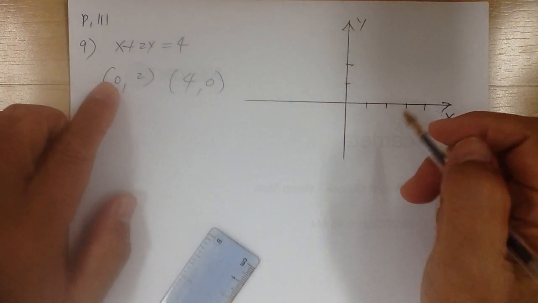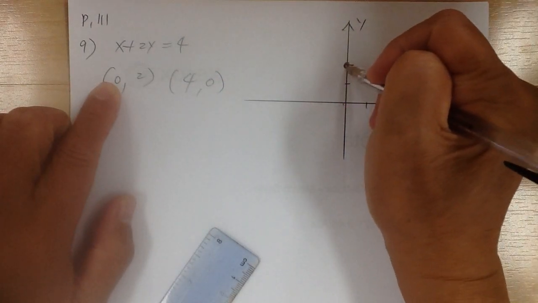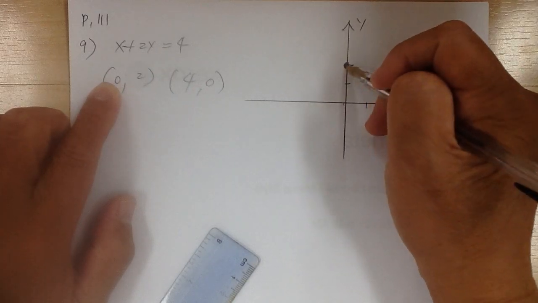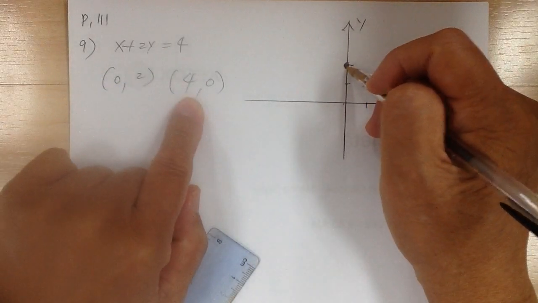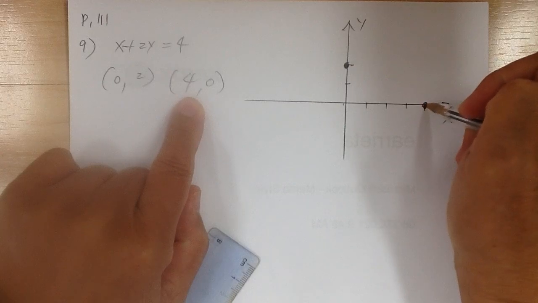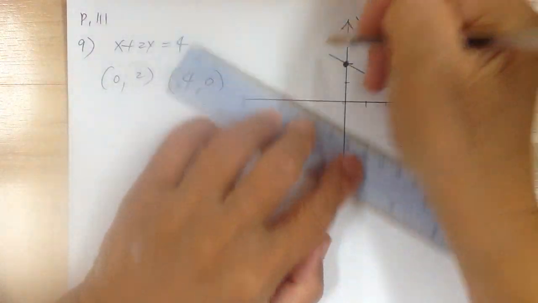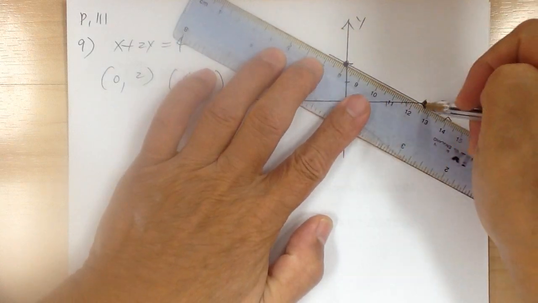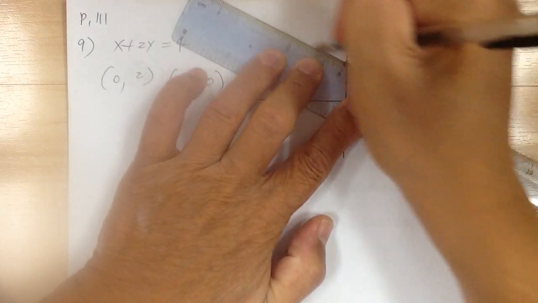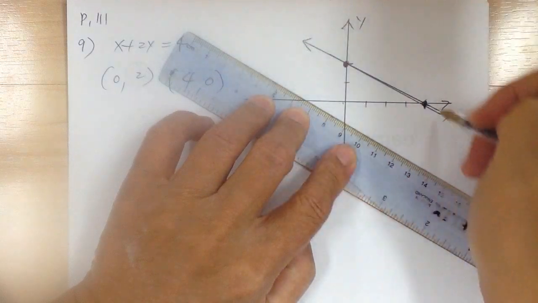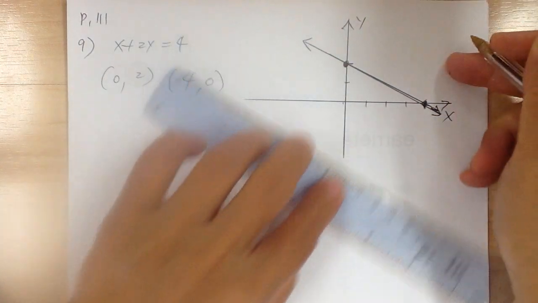Okay, so first point is (0, 2), right over here. So that's your (0, 2). Okay, next one is (4, 0). So (4, 0) is right over here. Okay, and then after that, you connect the 2 dots. Put the arrow on the end. Okay, and that's it.